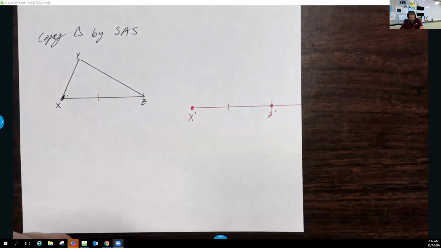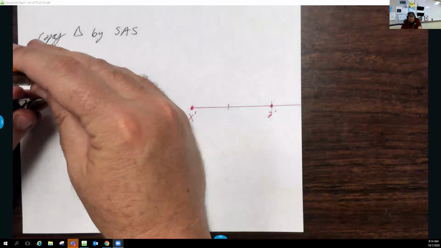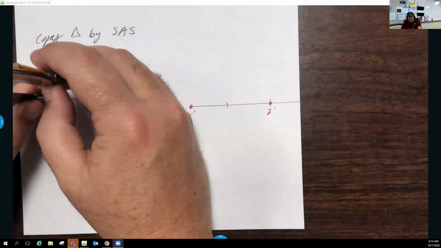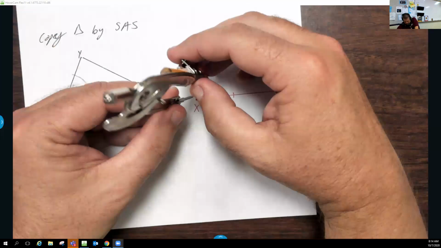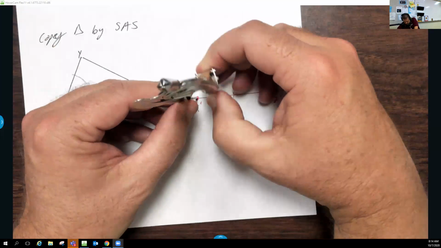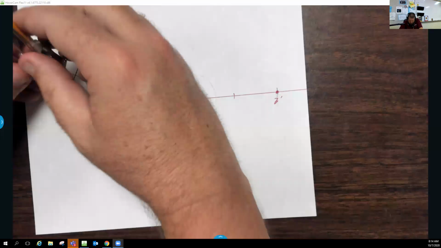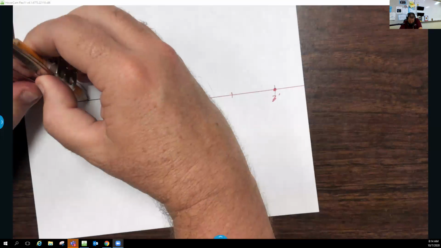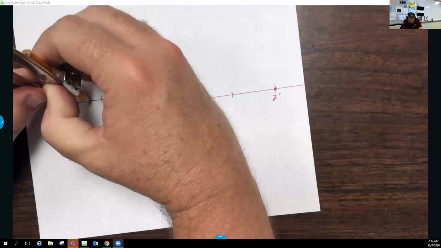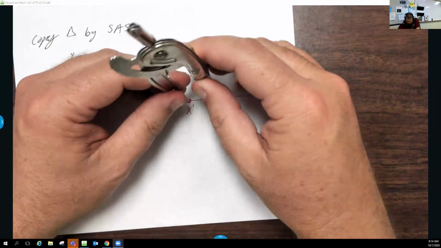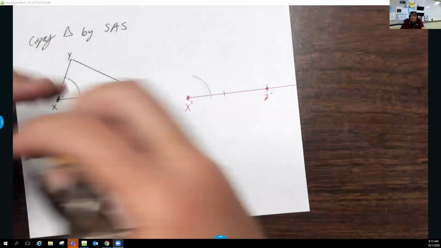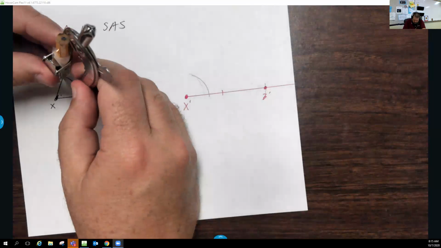See if we can do a better job than that. So I'm going to take this, make an angle, make an arc. I don't think that still works very well. All right, then we're going to measure this angle.